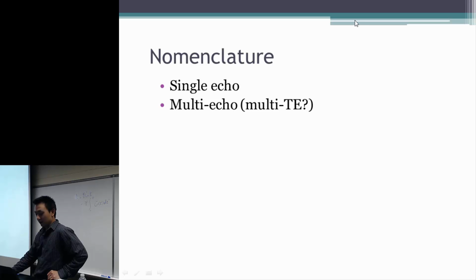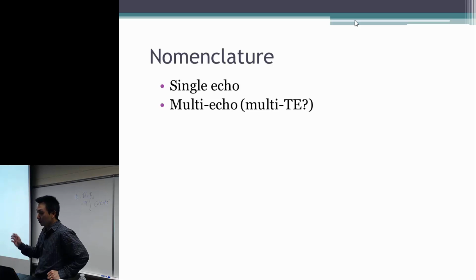The second one is the multi-echo sequence, as we saw before, but there is also a multiple TE sequence. The main difference between them is that if we mention multi-echo, it may be a little bit ambiguous. All these multiple echoes collected during one excitation can all go to the same k-space, or they can go to different k-space.